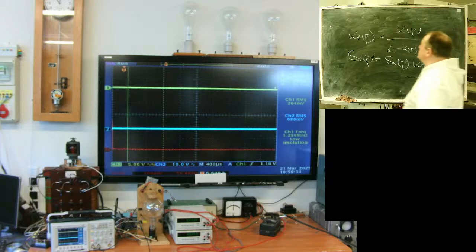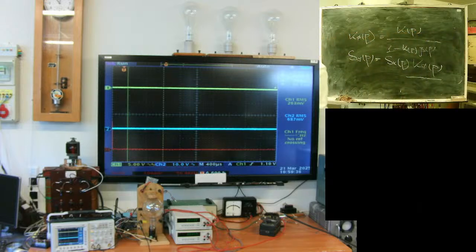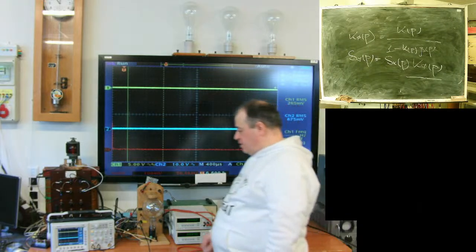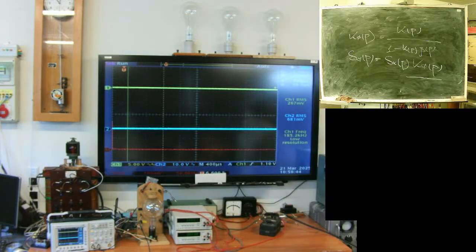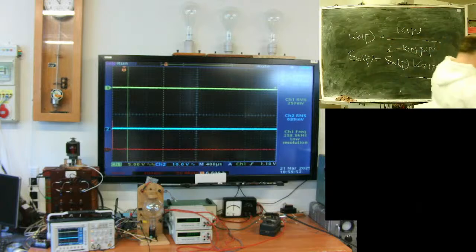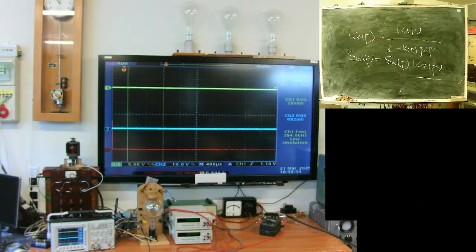About the most, how to say, problematic question about such a system. It's a question of stability. It may be stable and may be not stable, and strange things may happen.